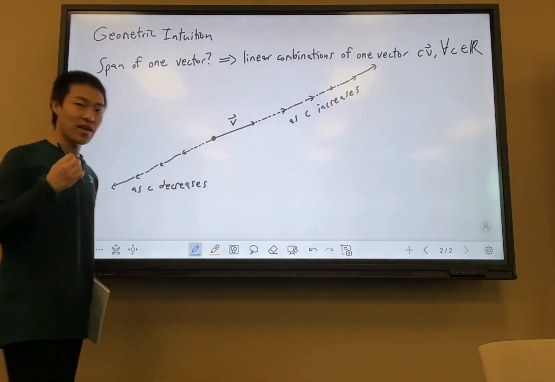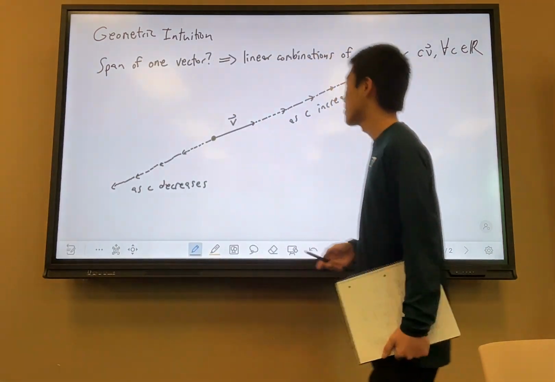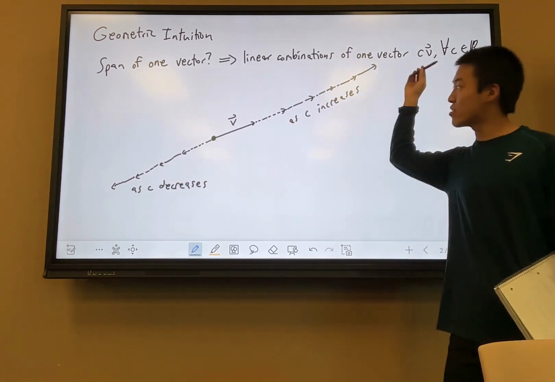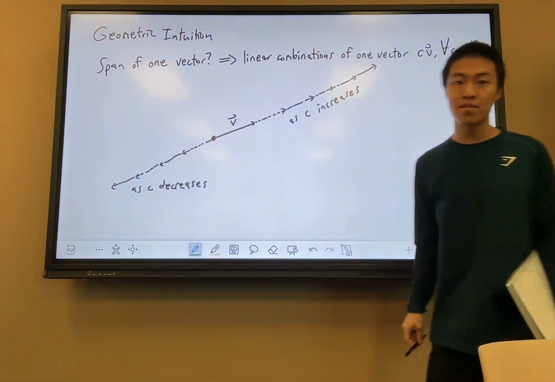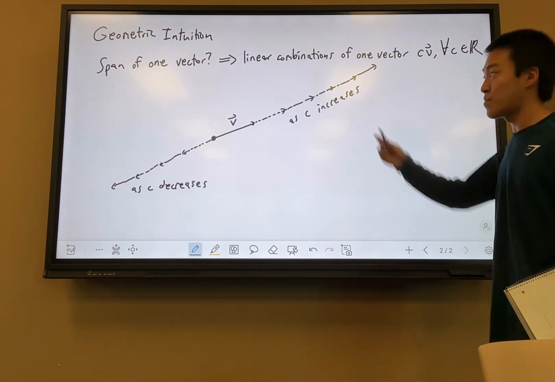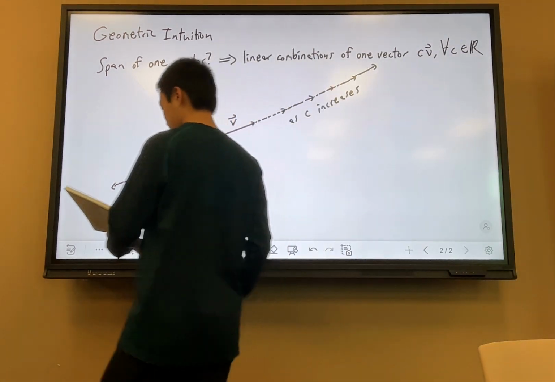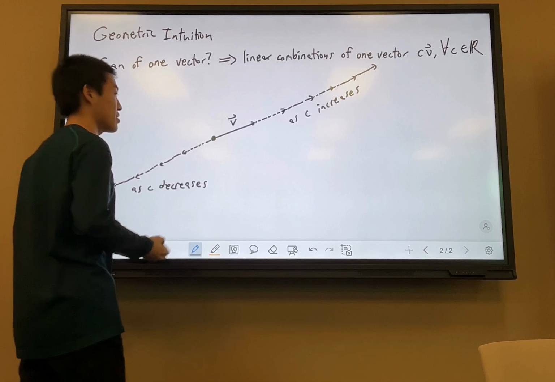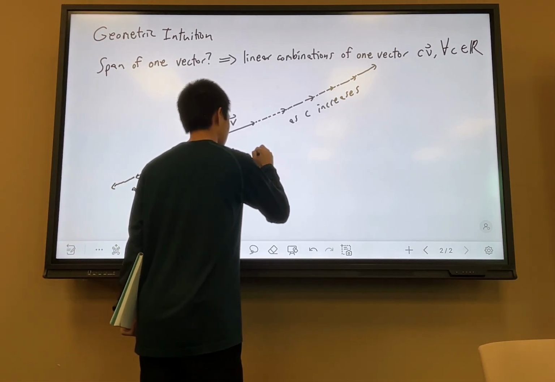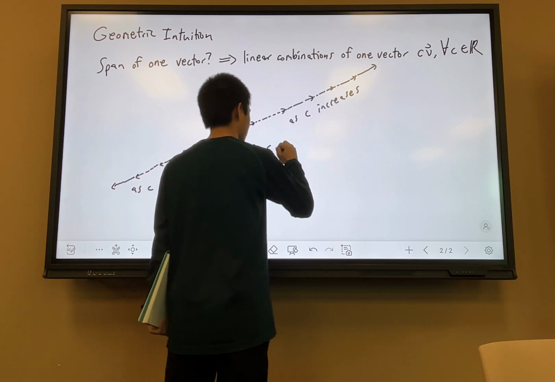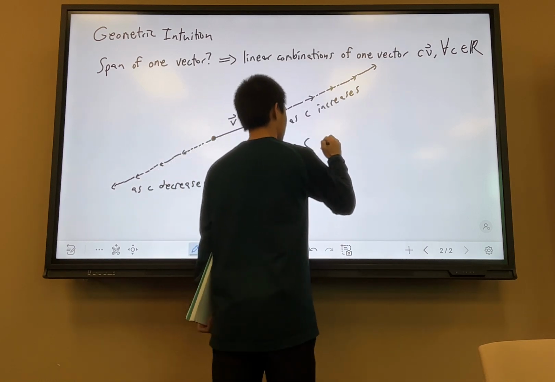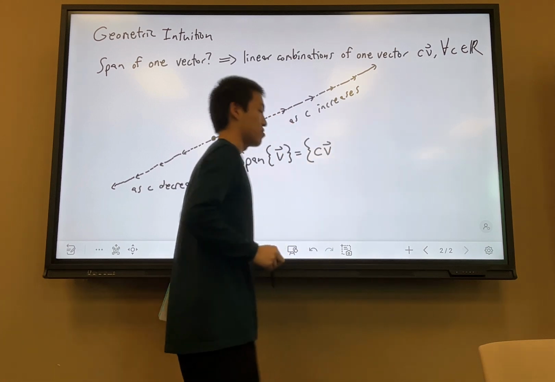The span of a vector, just a singular vector, is definitionally going to be basically all of these vectors that form a line in your space. So the span of one vector is a line. And we can write this with math, so we can say the span of just one vector, by definition, is going to be all of the vectors scaled.